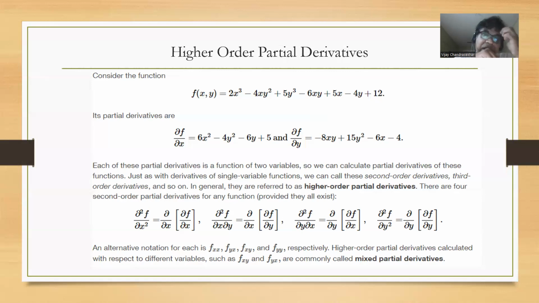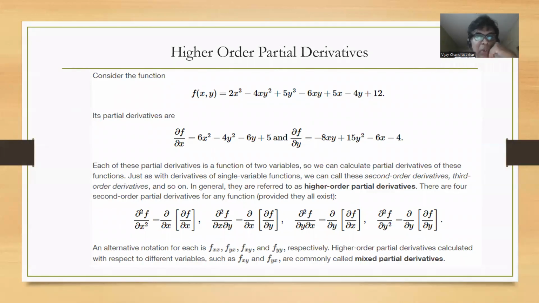Because for each first order derivative, you can have 3 second order derivatives. The moment you calculate dou f by dou x, you can calculate 3 different second order partial derivatives on top of that. Likewise, when you calculate dou f by dou y, you can calculate 3 different partial derivatives on top of that, second order, of course.